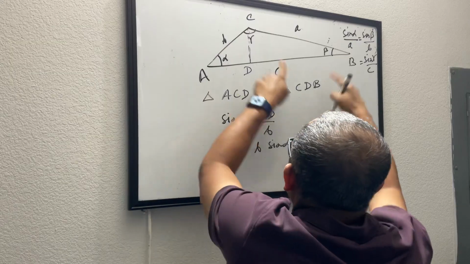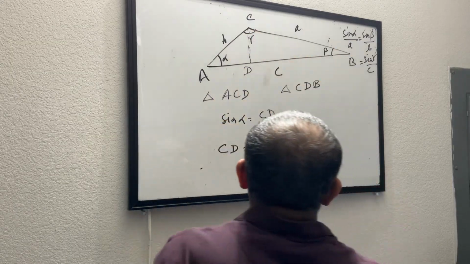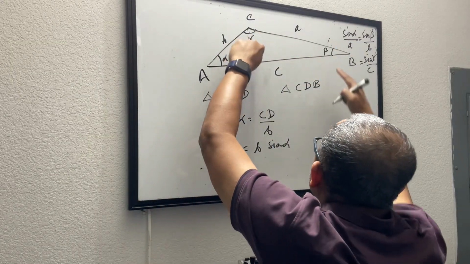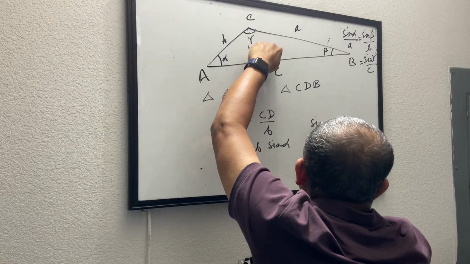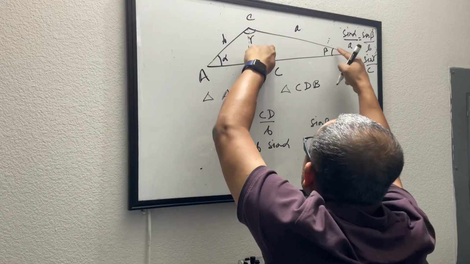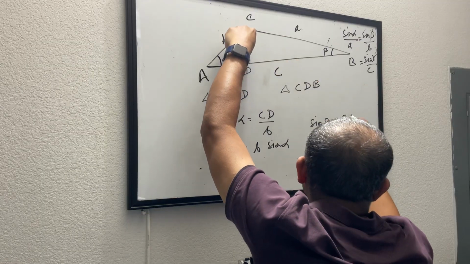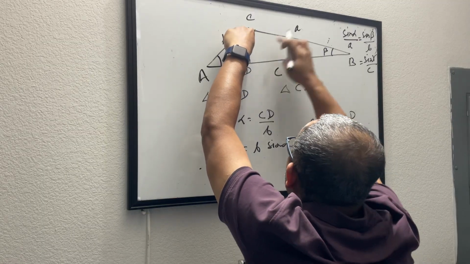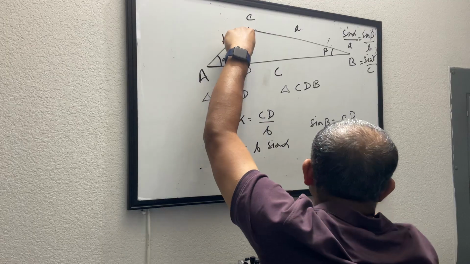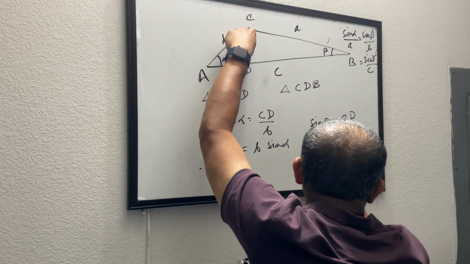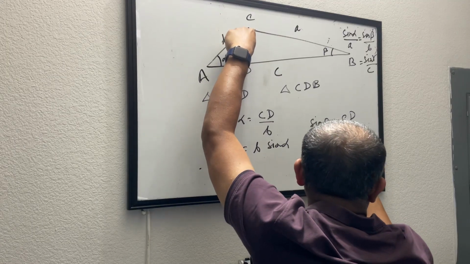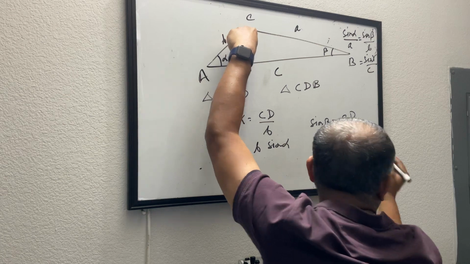Now look at the bigger triangle. Here, what is sine of beta? Sine of beta is the same side opposite to this one, which is CD, divided by the hypotenuse, which is A. So here you get CD equals A times sine beta. So far okay?